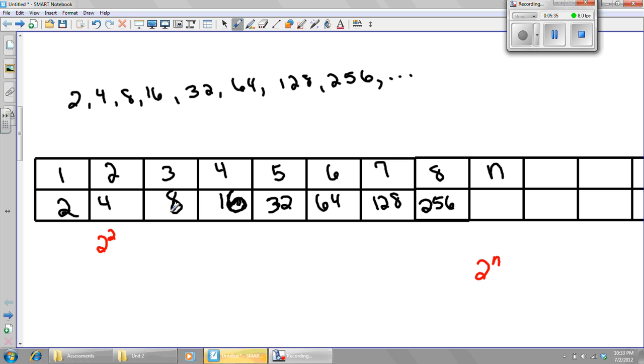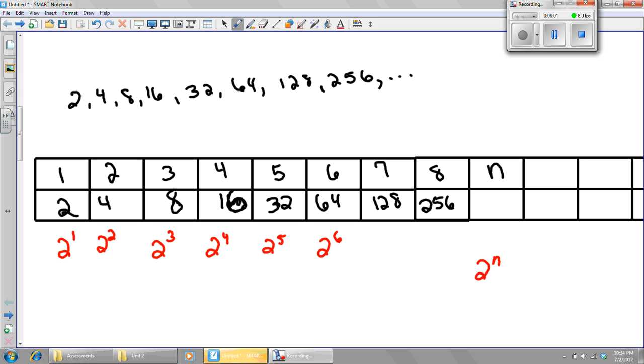I could write 8 as 2 times 2 times 2, but the shorthand way of saying that is 2 to the third power. I could write 16 as 2 times 2 times 2 times 2, doing the prime factorization, of course. That would be 2 to the fourth. Of course, that makes 2 to the first. 32 would be 2 to the fifth.